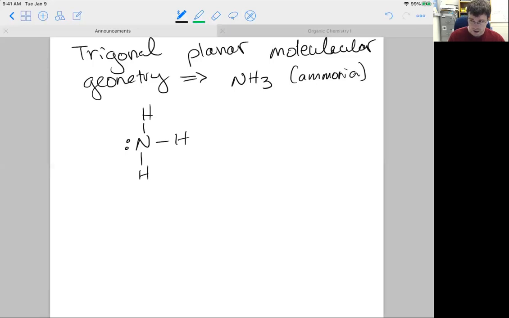And with all of that together, we have 8 electrons for an octet. Now, what I want you to notice is that the nitrogen has a few things to note here, 4 things.